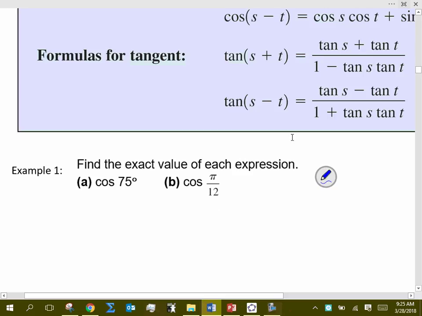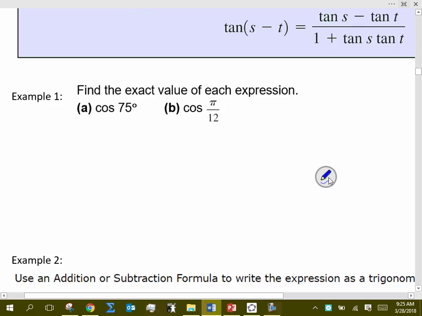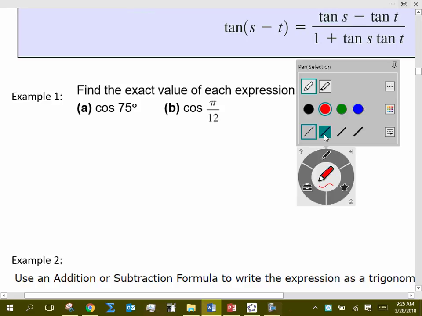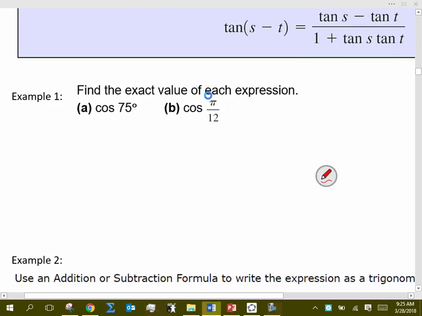Cosine of pi over 12. Now here's the pain in the butt about pi over 12. Okay. We don't have it memorized from the unit circle. Okay. So we probably want to use the sum or difference of some other angles that we know off the unit circle.